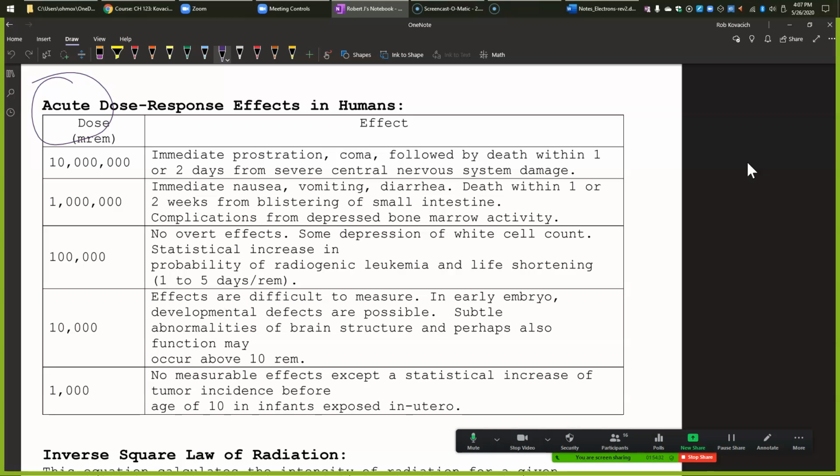So this fact right here is a reason why a bunch of retired nuclear power workers during the tsunami, Fukushima, am I saying that right?